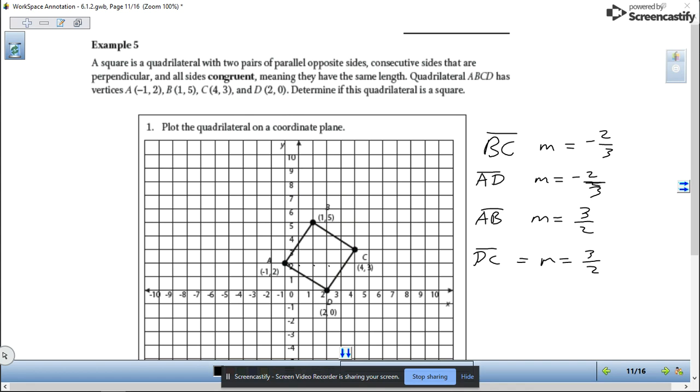Now we just need to make sure they're all the same length. Now the way we can do that is, if you think about it, they were all over 3, right? 2 and 2, 3 and 2, 3. So you can do the distance formula if you want to.